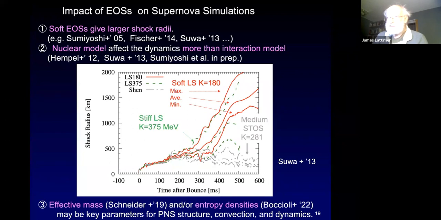Unfortunately, the STOS equation of state has both a different effective mass and a different set of symmetry parameters. So it's not possible to decouple that from this comparison.